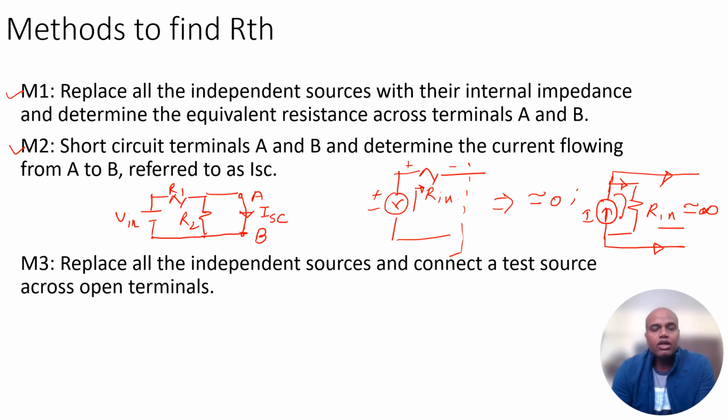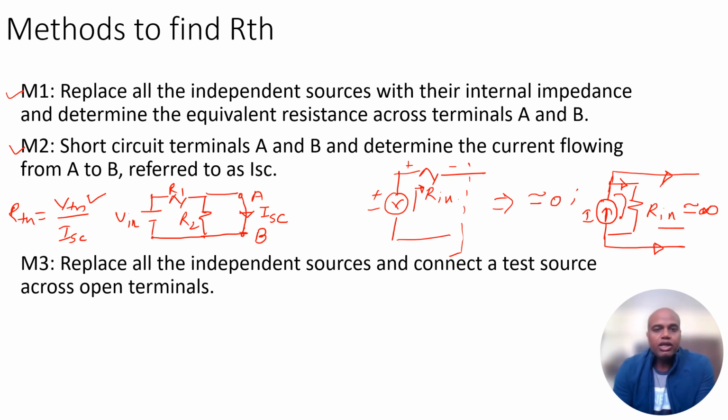Once we get ISC, as per method 2, RTH becomes VTH upon ISC. VTH is the Thevenin equivalent voltage, which we anyhow need to obtain. So this is method 2.